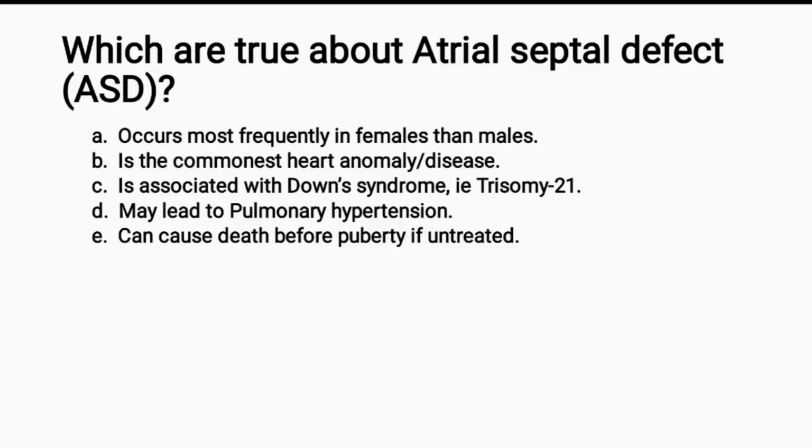Which are true about atrial septal defect? A, occurs most frequently in females than males. B, is the commonest heart anomaly or disease. C, is associated with Down syndrome, also known as trisomy 21.